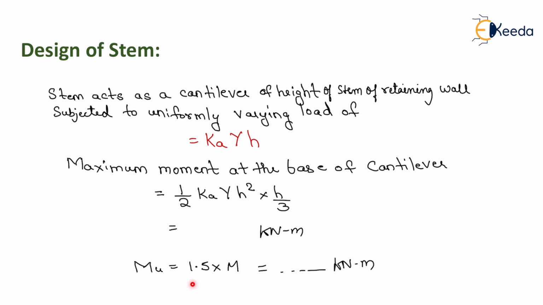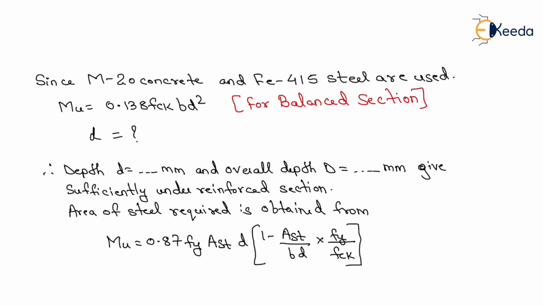Now Mu equals to 1.5 into M equals to kilonewton meter. Since M20 concrete and Fe415 steel are used for balanced section, Mu equals to 0.138 fck b d square is taken. From this value we will calculate small d, and after that we will calculate capital D, and now we will calculate area of steel required.